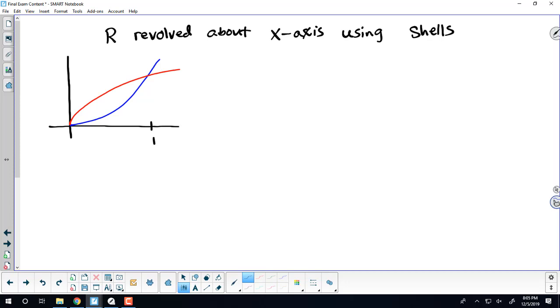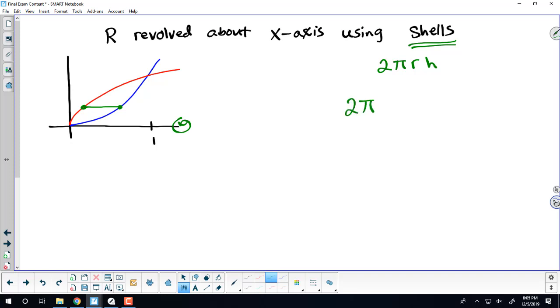So with this method, when we use shells, the cross sections or the slices have to be parallel to the axis of revolution. And the shells have a different formula. Shells were 2 pi times the radius times the height.